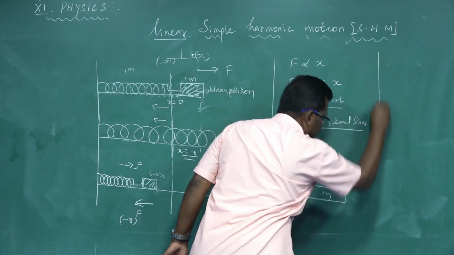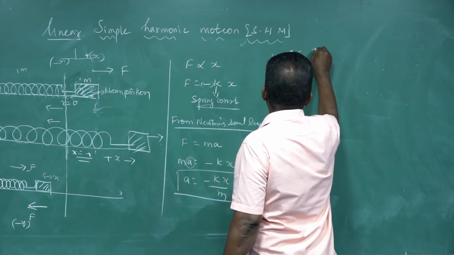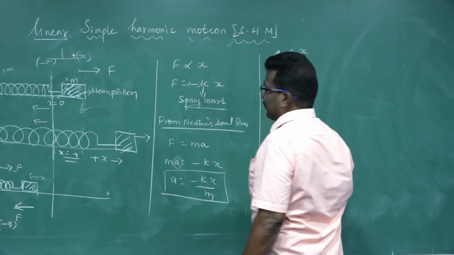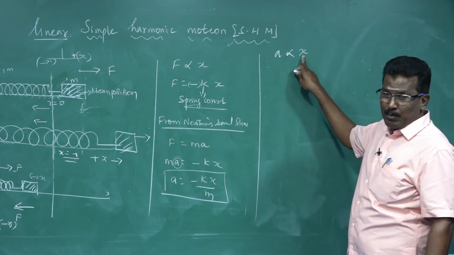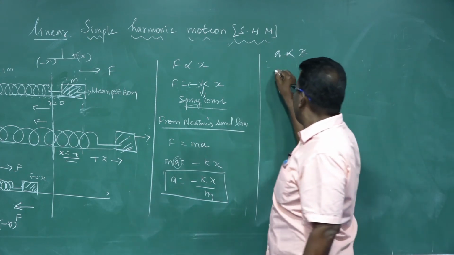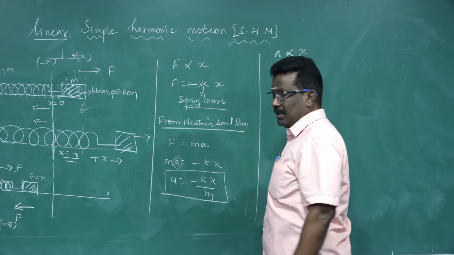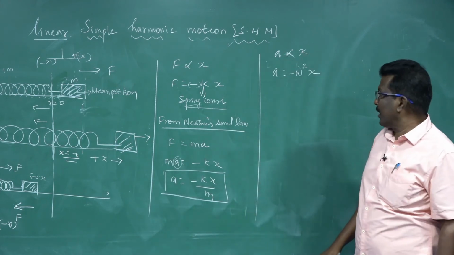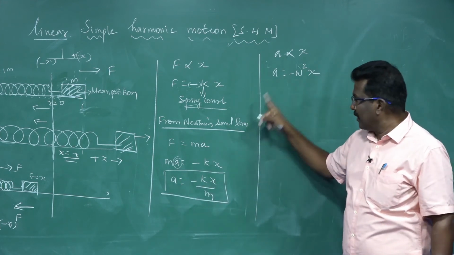But we know that acceleration is directly proportional to displacement. Here we are using the displacement x. Acceleration is directly proportional to displacement x, and a is equal to minus omega square x. So this is acceleration, this is also acceleration, so both are similar.